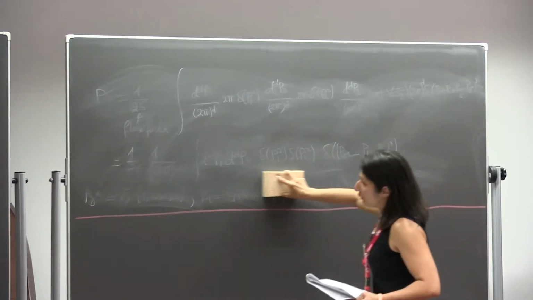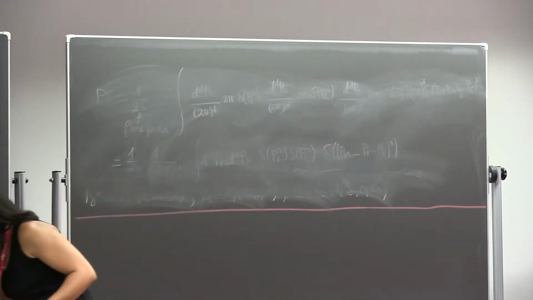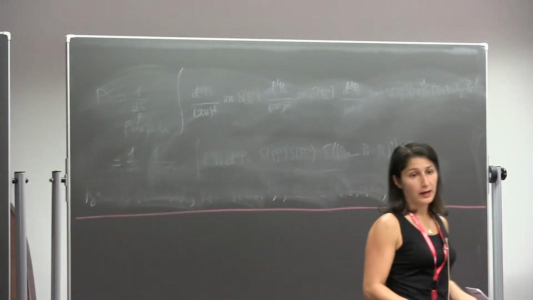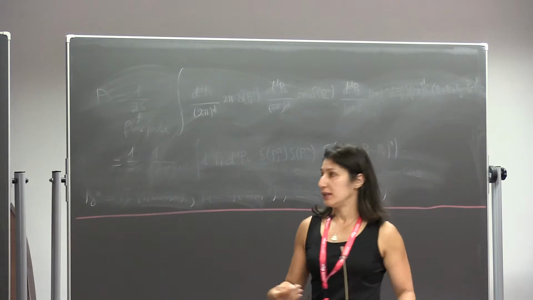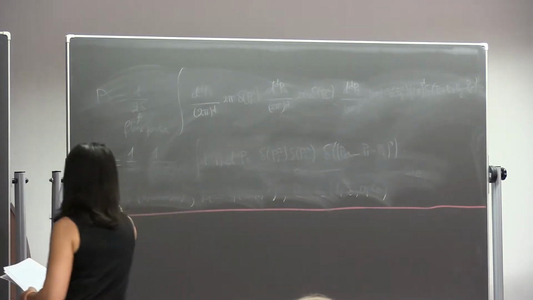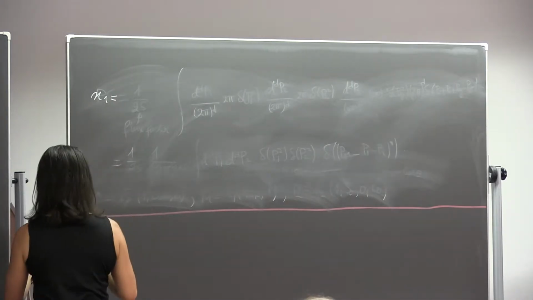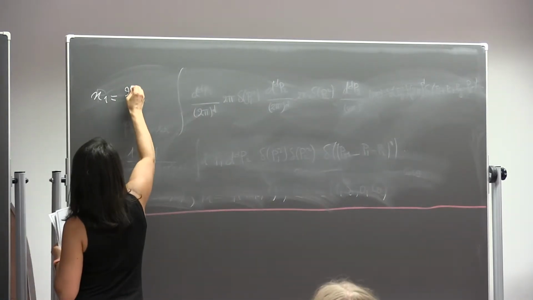So now remember that our goal is to study the infrared structure later on. So I'm going to introduce some variables that simplify this study later. I'm going to introduce variables x1 and x2, which are related to the energy.